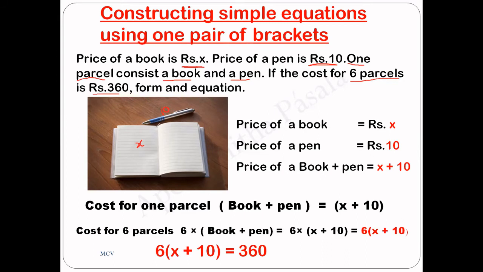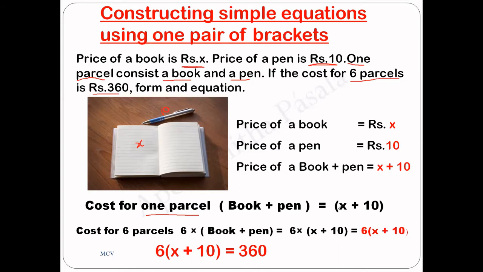So, what is the cost of one parcel? One parcel is price of a book X, price of a pen 10 rupees. Price of a book and pen is X plus 10. So cost of one parcel is equal to the price of a book and pen.